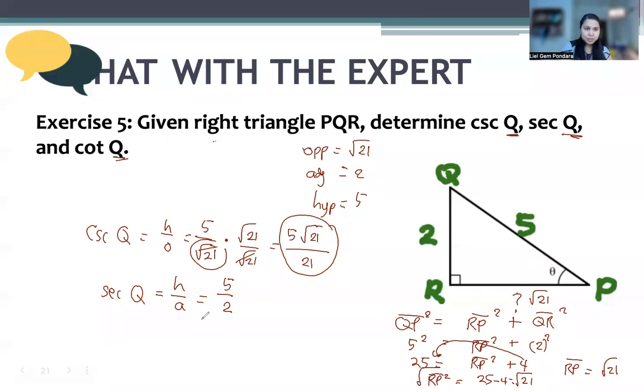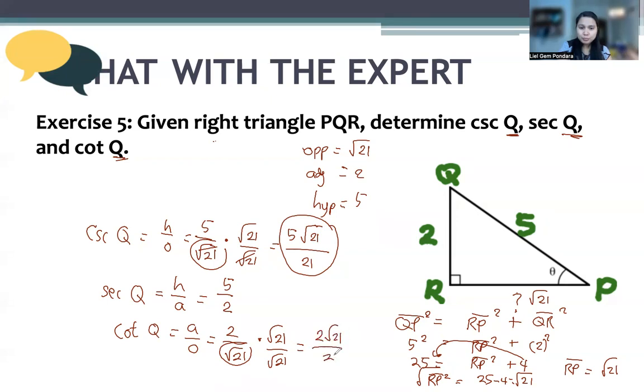Then the last one, we're looking for cotangent Q. What's the value? That's 2 over square root of 21. It's a radical, so we rationalize it. We multiply the numerator and denominator by square root of 21, so we get 2 square root of 21 over 21.